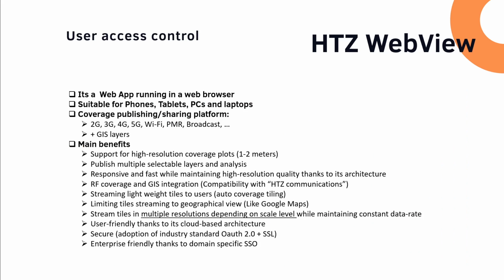So this product is called HTZ WebView. So it's only used to publish the coverage analysis that you produce with the HTZ. It can be published on the web, and they can be available to large audience or to a number of people.